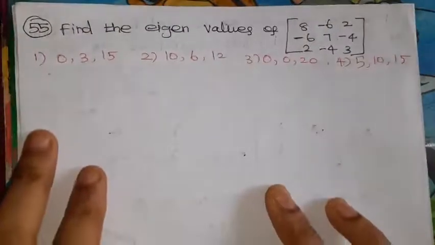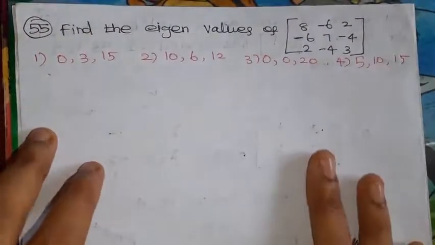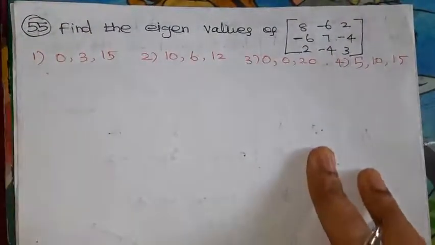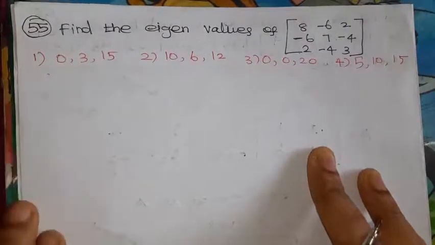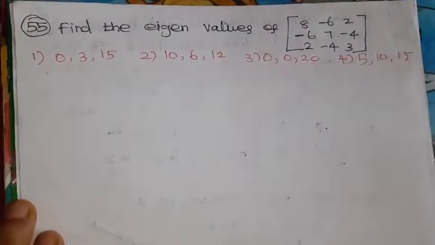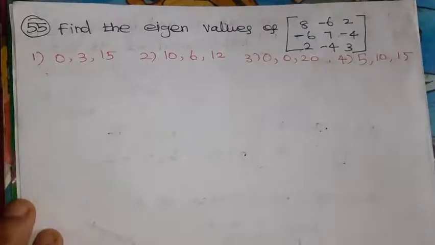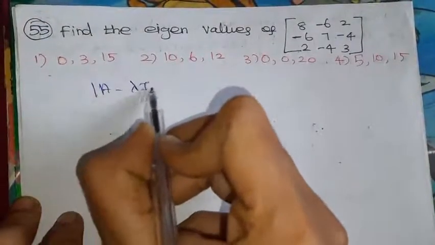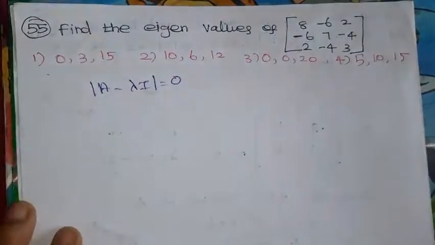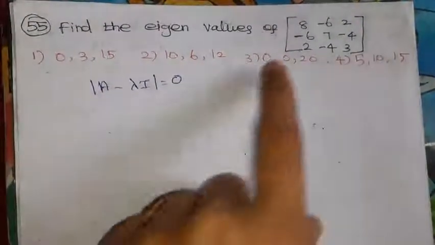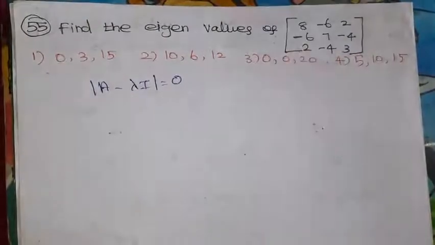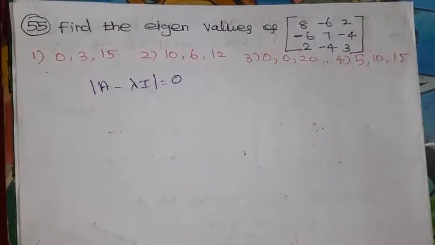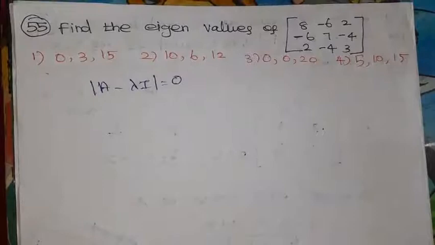Find the eigenvalues of the given matrix. So what is given? We need to find the eigenvalues of the given matrix. As I told earlier, we can use the standard method, the characteristic equation, which means determinant of A minus lambda I equal to 0, then find the eigenvalues. We will get 3 eigenvalues because it is a 3 cross 3 matrix. What is the other method?